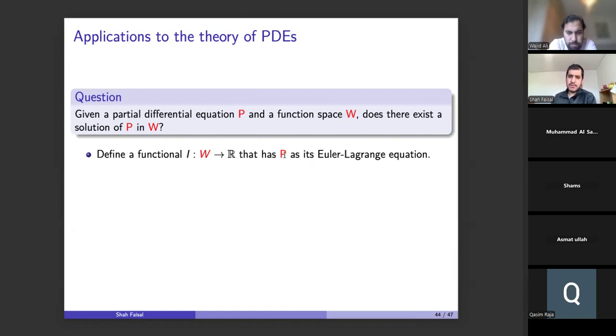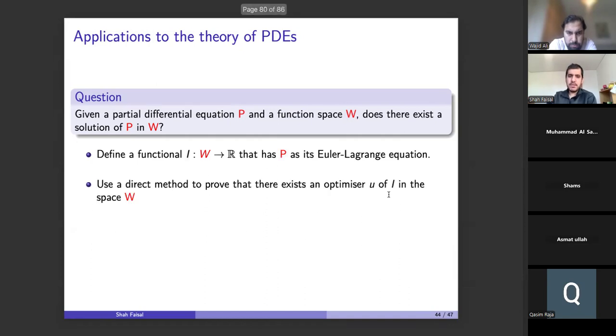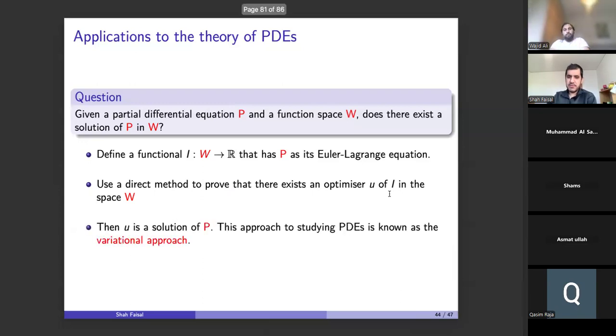Define some functional I that realizes the partial differential equation as its Lagrange equation. Now use direct methods to prove that there is a minimizer for the functional. And that minimizer would automatically solve the Lagrange equation. And therefore, the equation would have a solution.